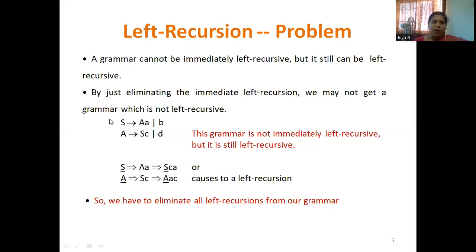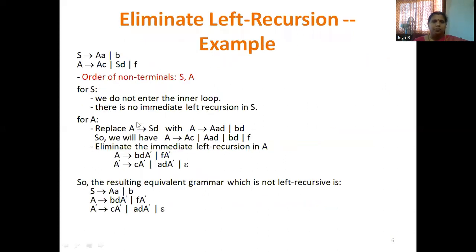So in order to eliminate the indirect left recursion, we have to follow certain rules. First, we will take one example. S produces A A or B, A produces A C or S D or F. In that case, we have to order the non-terminals. So I'm ordering the non-terminals, S as first and A as second.